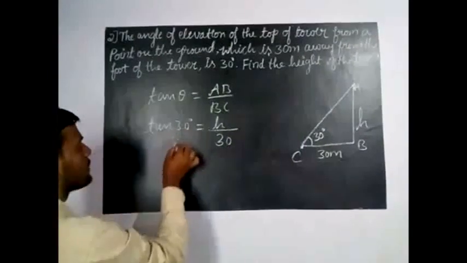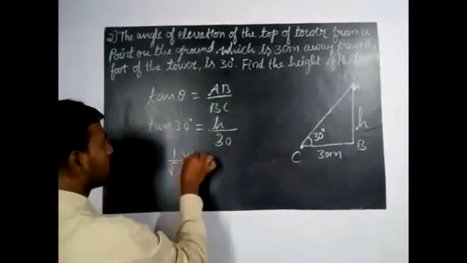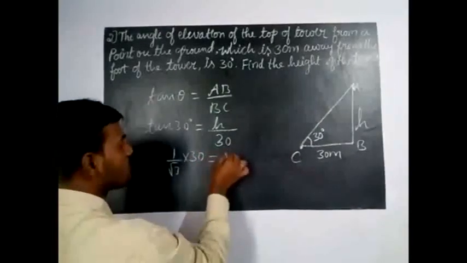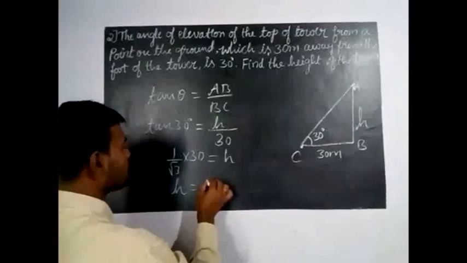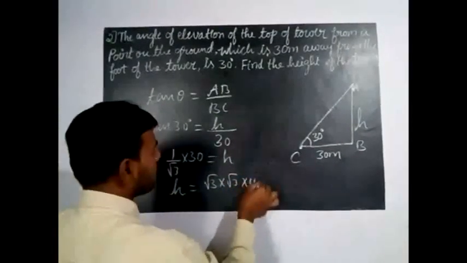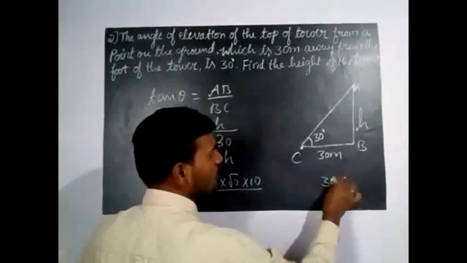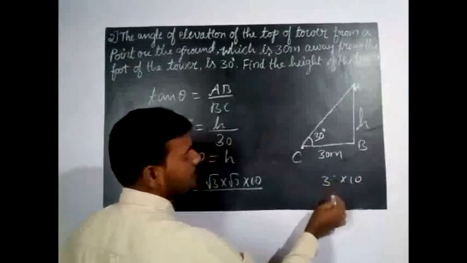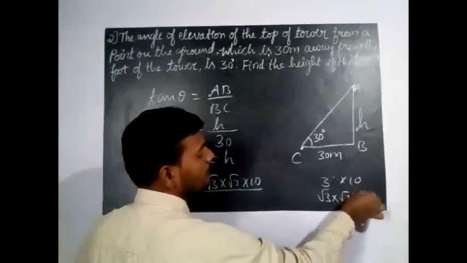Okay, tan 30 is 1 by root 3, and this 30 is multiplied here, it becomes 30 root 3, which is equal to H. Then 30 can be written as root 3 into root 3 into 10. Why? 30 can be written as 3 into 10, then 3 can be written as root 3 into root 3 and into 10.